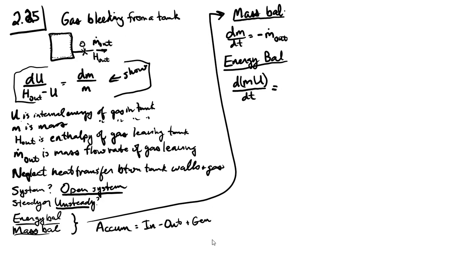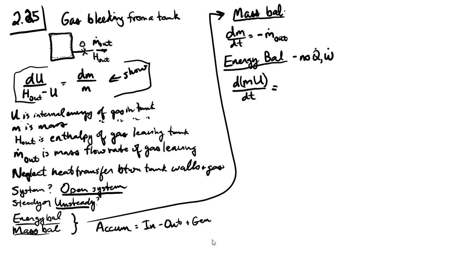Now we have our in and out terms. Well, we have no inlet terms, right? Energy is not coming in by any kind of mechanism in this. First of all, there's no heat transfer, right? So there's no Q dot. Is there any work done? What about W dot?